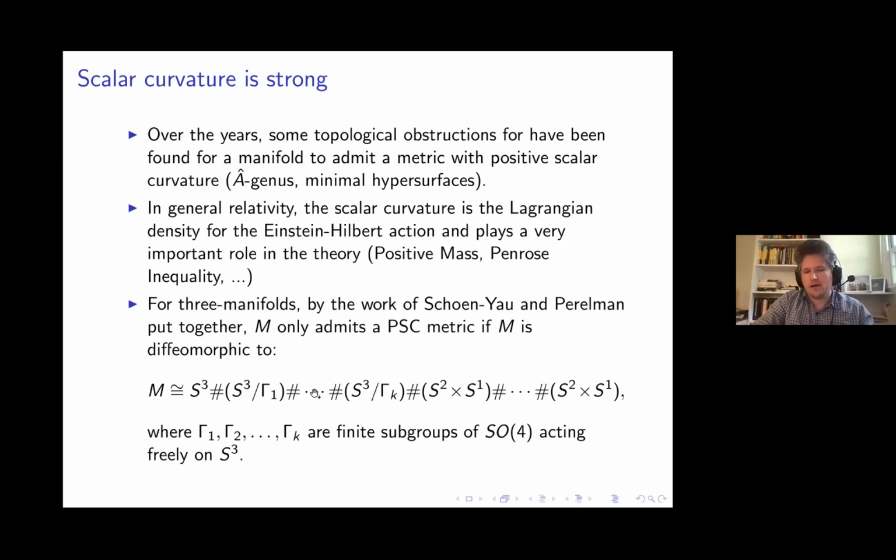You can have some of them, and also S2 cross S1s. The way this was obtained was that Schoen and Yau in the 70s discovered that having a metric of positive scalar curvature on the three-manifold imposes some restrictions on the fundamental group.